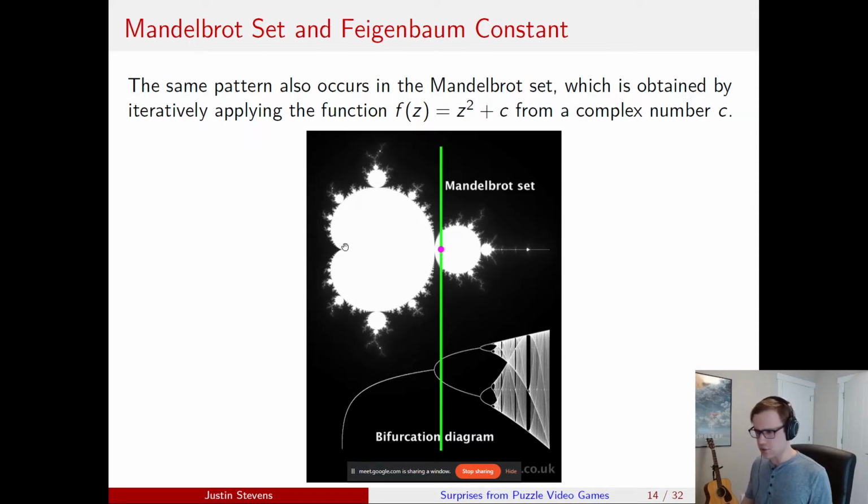But if you look at the ratio between successive diameters in this graph, it has the exact same structure as the previous graph. There's a really beautiful visualization online, a YouTube video that goes through and shows this. You can see that as you go along the Mandelbrot set, it has the same structure with this Feigenbaum constant. I think it's really neat that this constant shows up in two seemingly disconnected places.